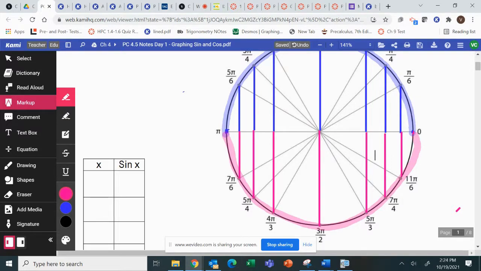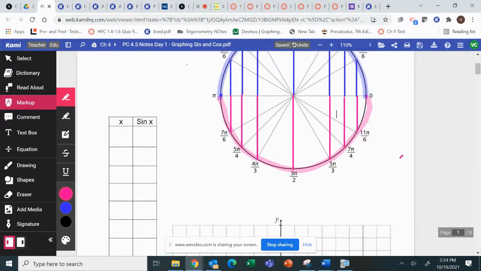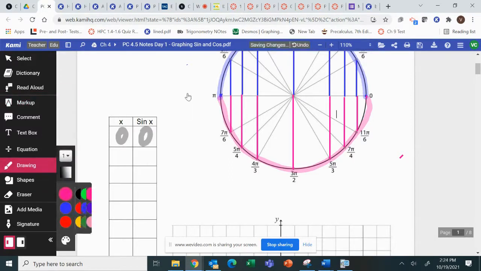So what we're going to do today is take our input, which is the angle, and our output, which is the sine. If I were making a table of all of these values, which I'm not going to do, it would start with 0, 0. And then pi over 6, 1/2.